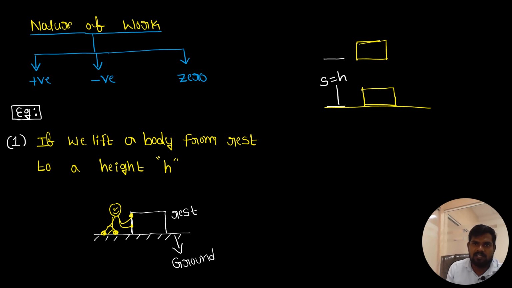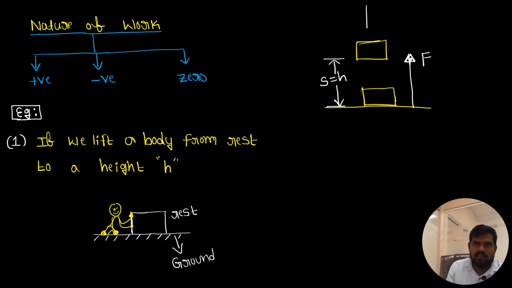This is vertical, that's why in this case it is height. The person is lifting, nothing but applying the force upward. So force is upward, and the height, nothing but distance, nothing but displacement, is upward in this case.